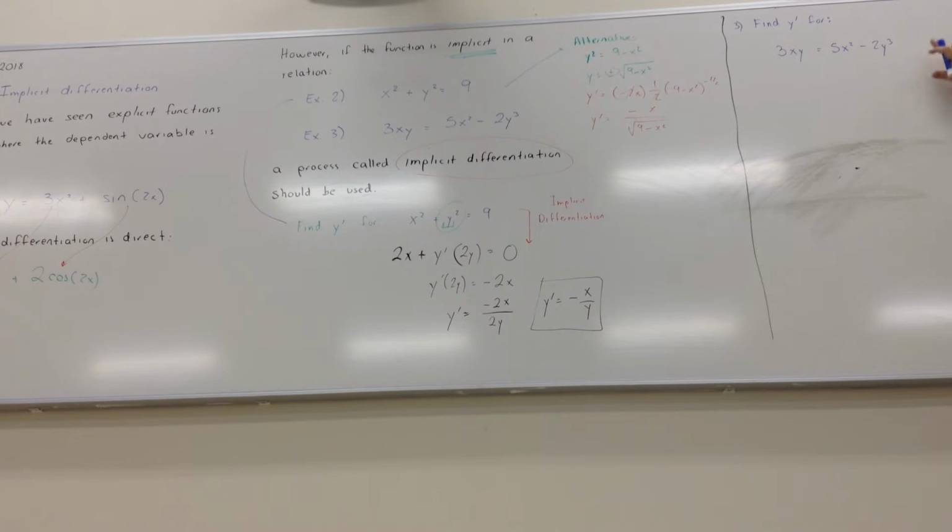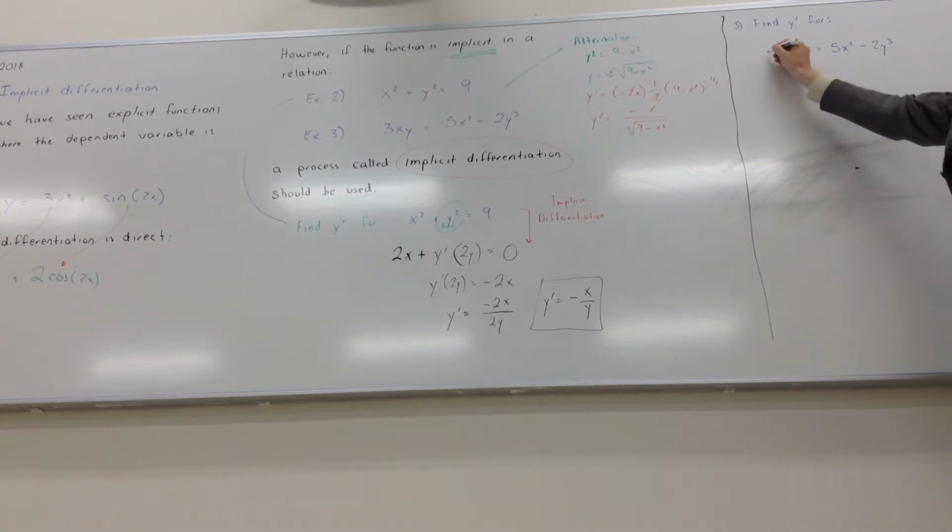Okay. Now this one is a little more complicated. Here, for this one, 3xy, what operation is that? Multiplication. It's a product, yes. I need to apply the product rule with the y. So, product rule.